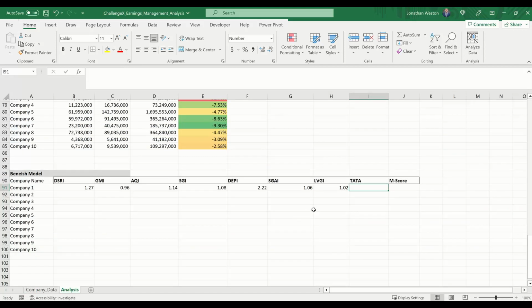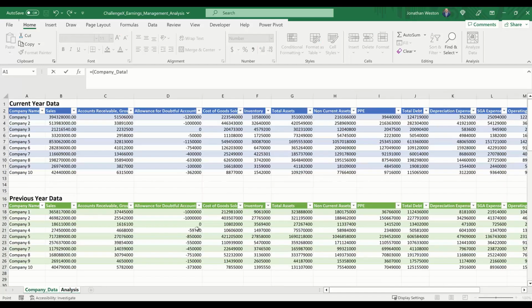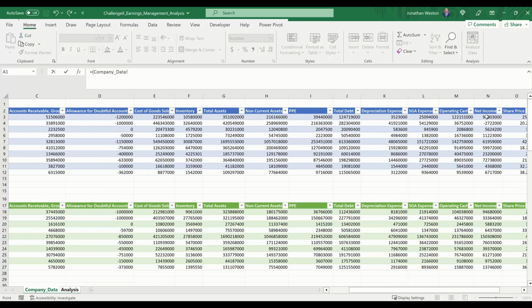And then lastly is the total accruals to total assets index. And this is something we calculated earlier, which is total accruals divided by total assets. And so we already know how to do that. It is net income minus operating cash divided by total assets.